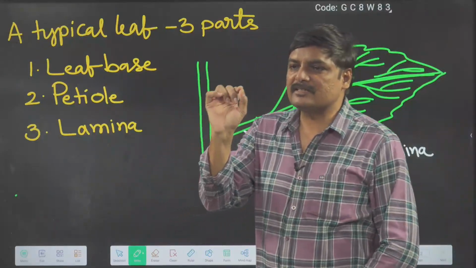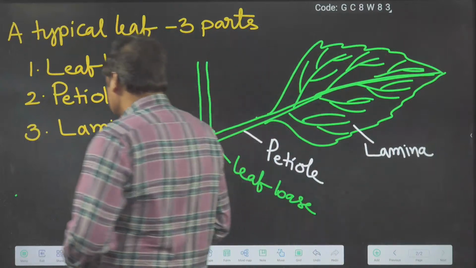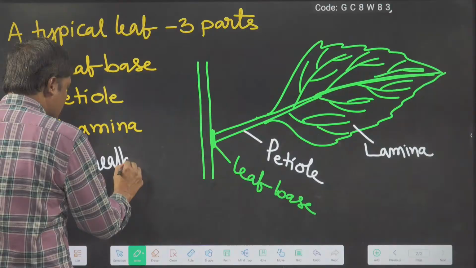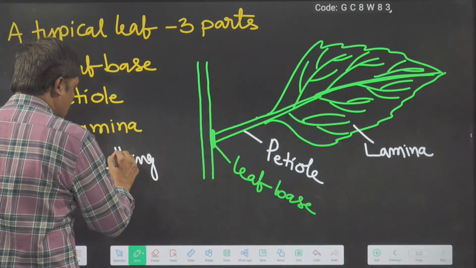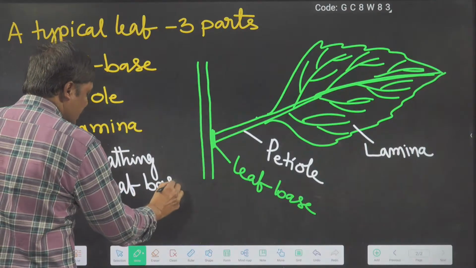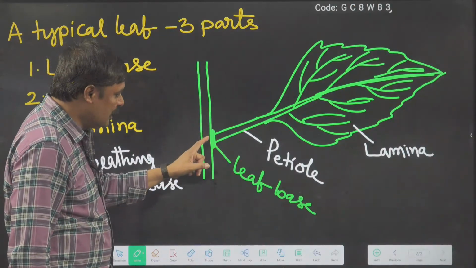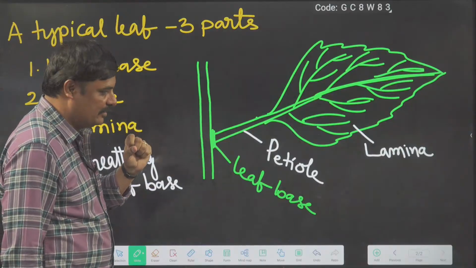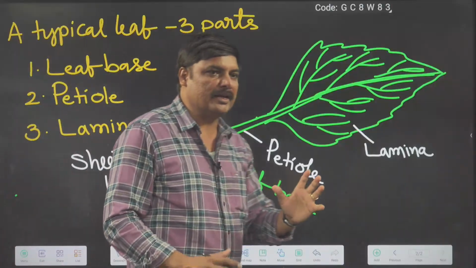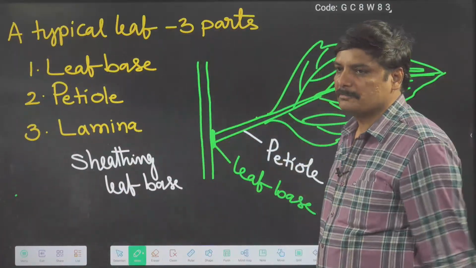Such leaf bases are called sheathing leaf bases, present in monocots.